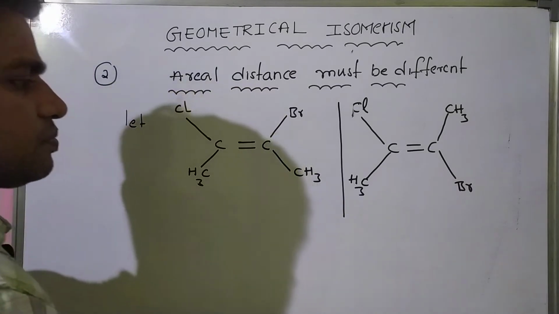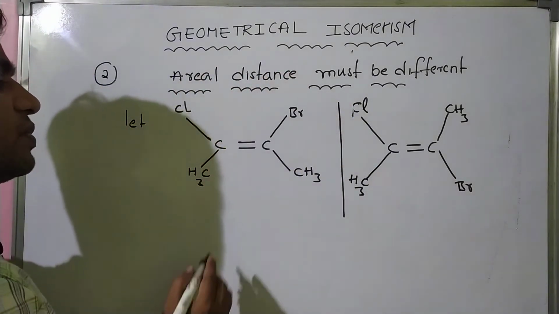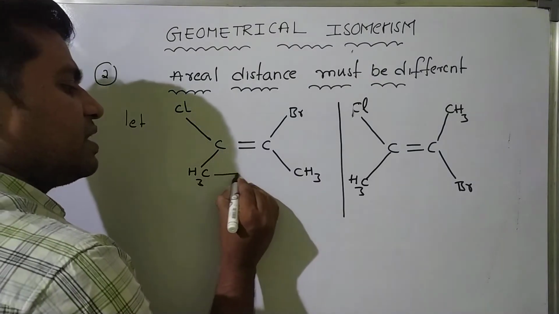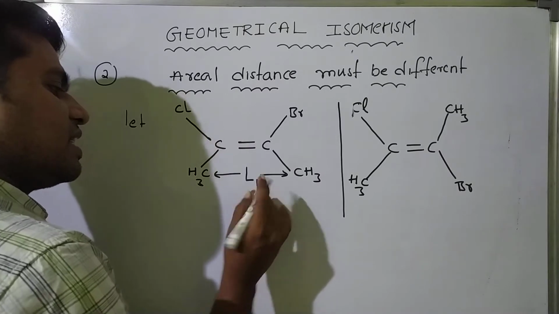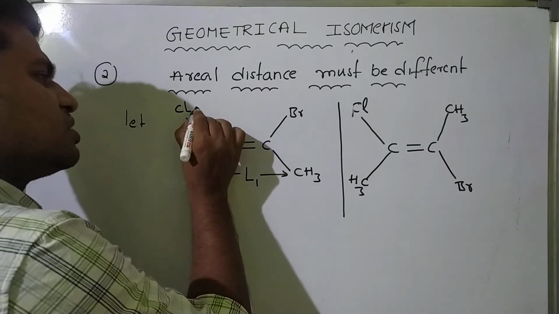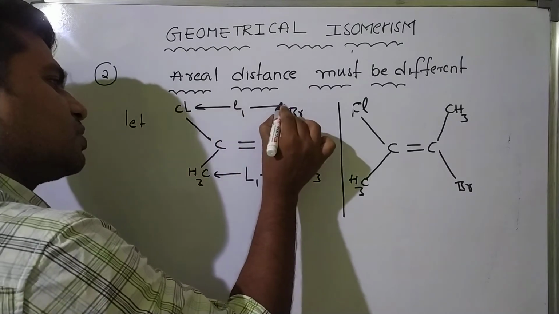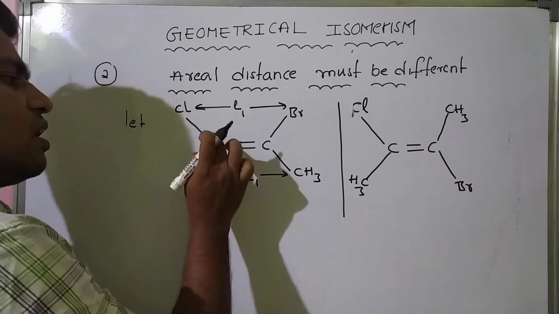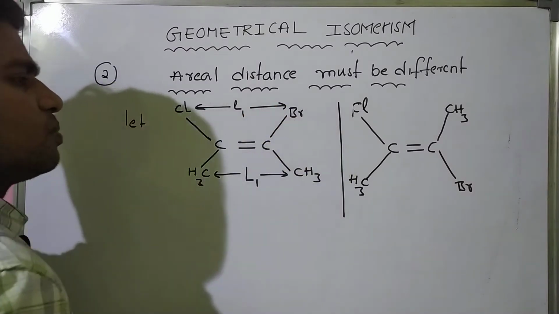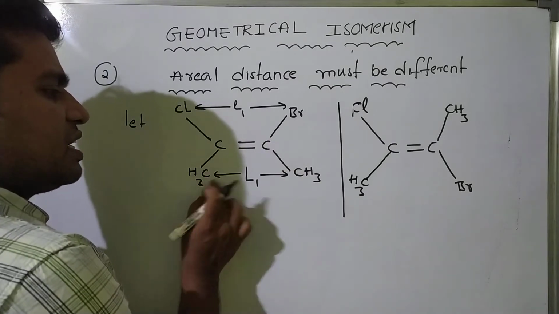Please observe here what is called aerial distance. Aerial distance means the distance between these two groups, say it is L1, or the distance between these two groups, so it is also L1. Whatever the distance between these two groups, it is the same for these two groups. Now come to this.